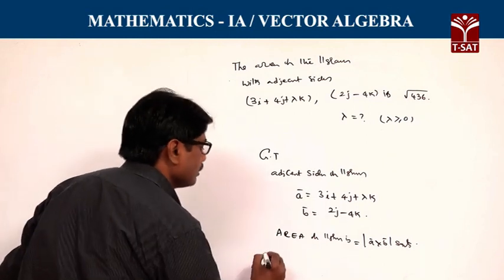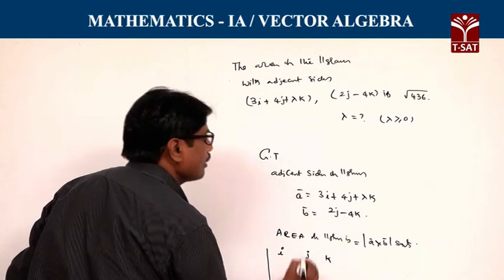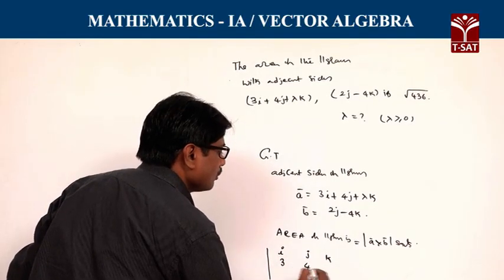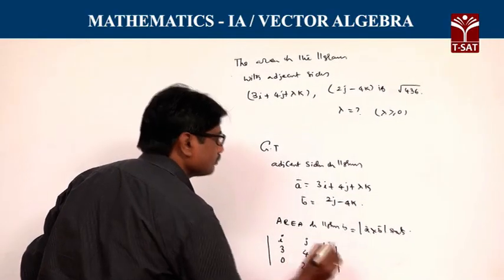That is the determinant of i bar, j bar, k bar; 3, 4, lambda; 0, 2, minus 4.